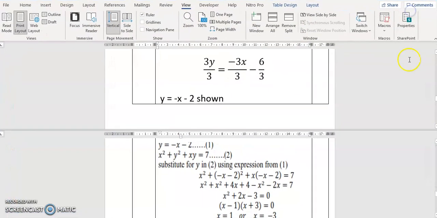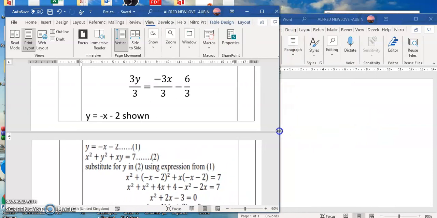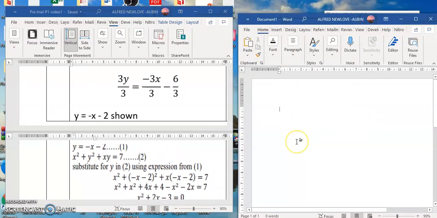Now, how did we expand this one? This is minus x minus 2 squared.